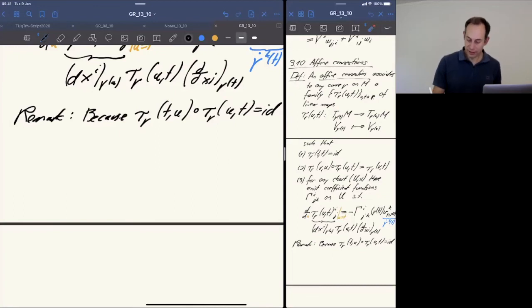Now if I take the derivative of this thing on both sides, let's take the derivative with respect to time. Of course the derivative of the right hand side is 0.